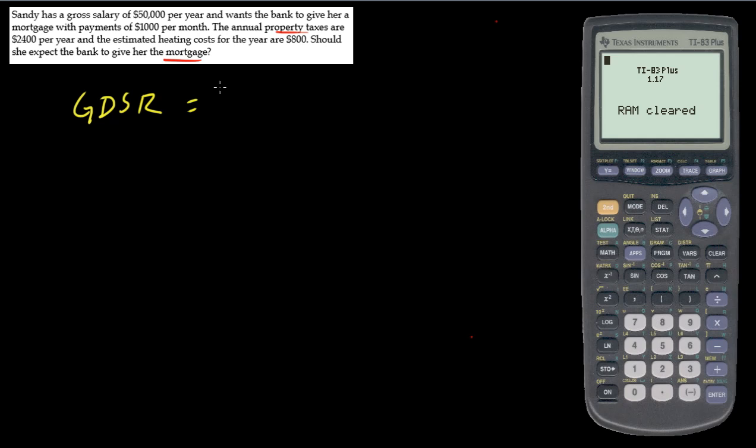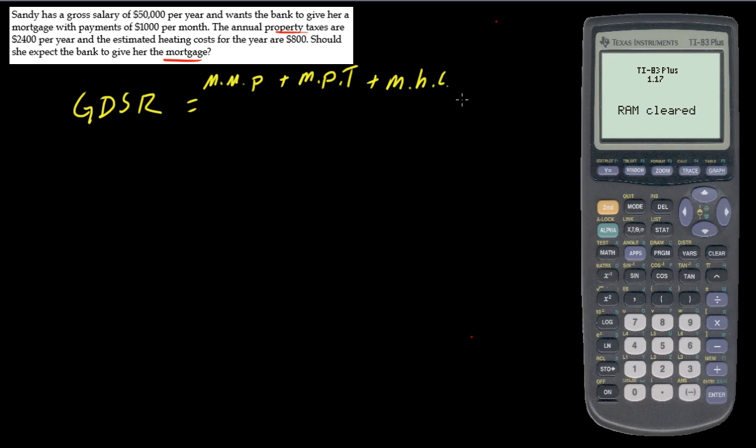So let's go ahead. We're working on a formula here. I always like doing that, and then we'll see what happens. So GDSR, you'll see on the formula sheet, is your monthly mortgage payment, MMP, plus the monthly property tax, MPT, plus the monthly heating costs, MHC, and then 1/2 of the monthly condo fees.